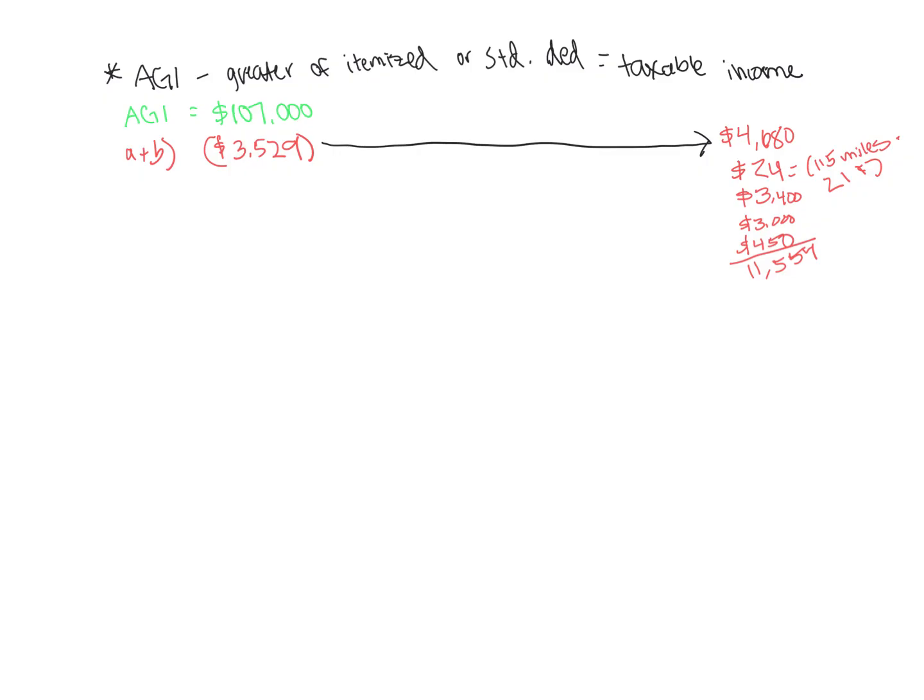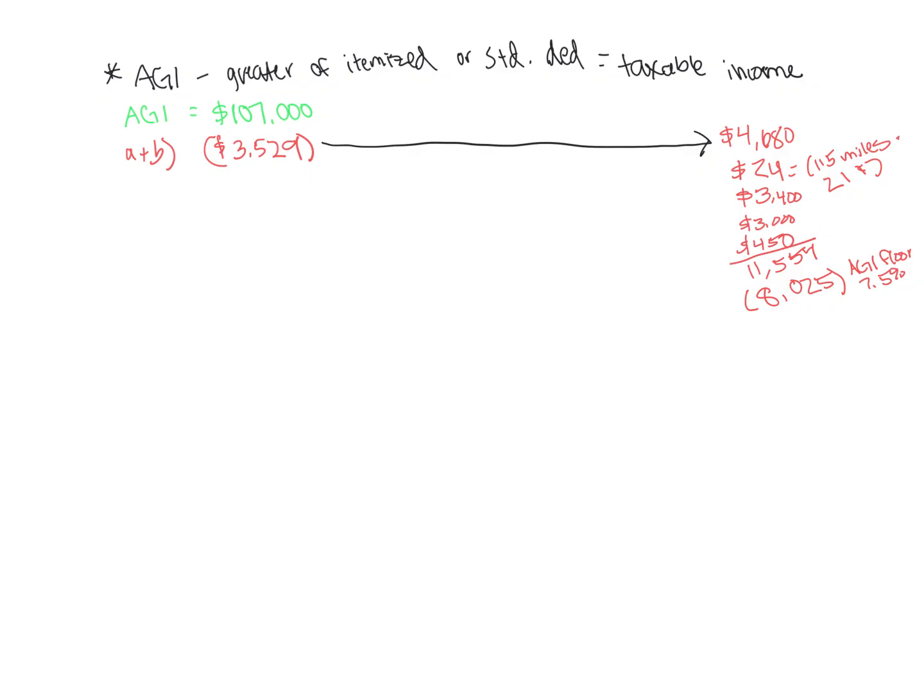So then if we do that, that should get us a floor of $8,025. So that is the AGI floor, 7.5%.